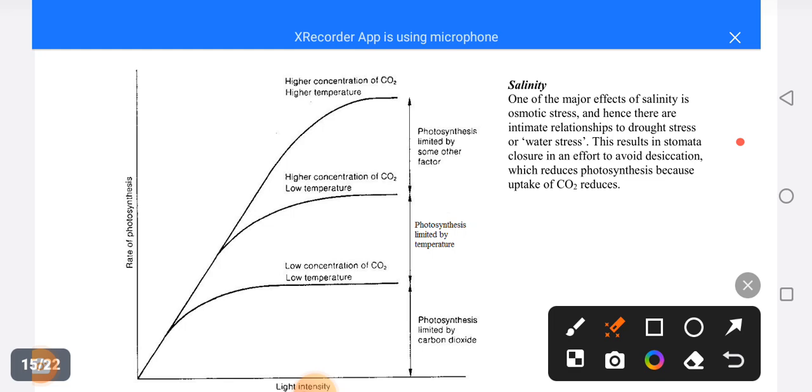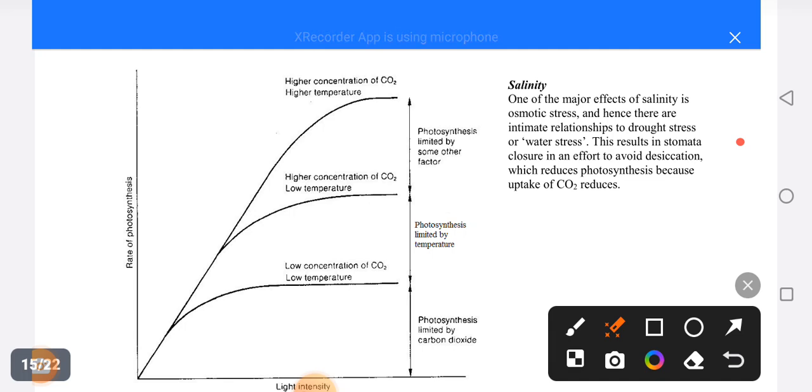The other part, let's look at salinity. One of the major effects of salinity is osmotic stress, and hence there is an intermittent relationship to drought stress or water loss. This results in stomata closure in an effort to avoid desiccation.